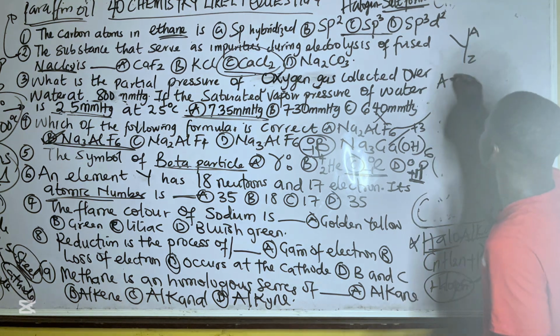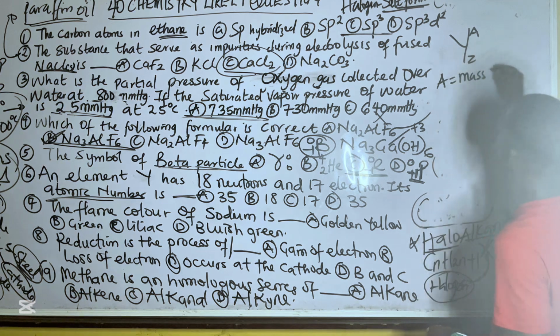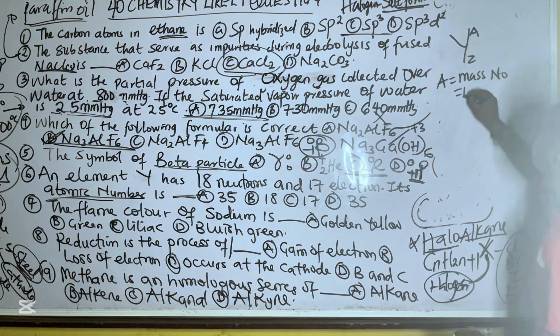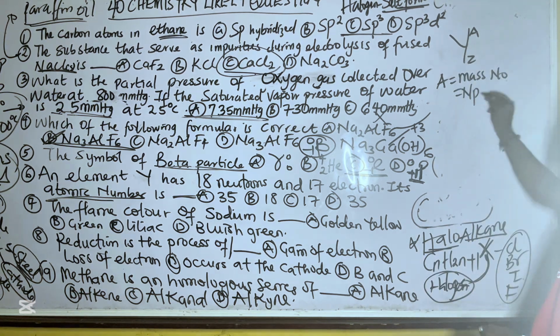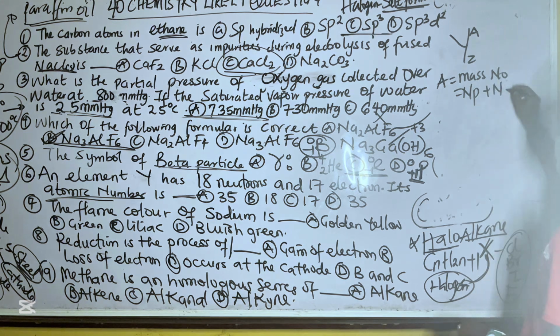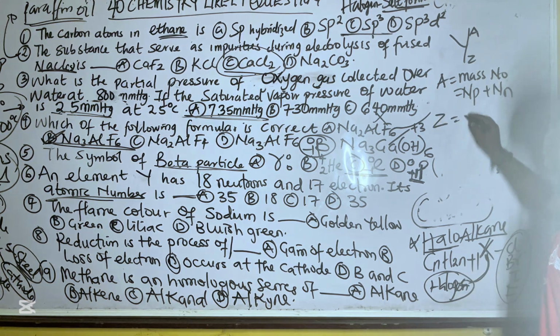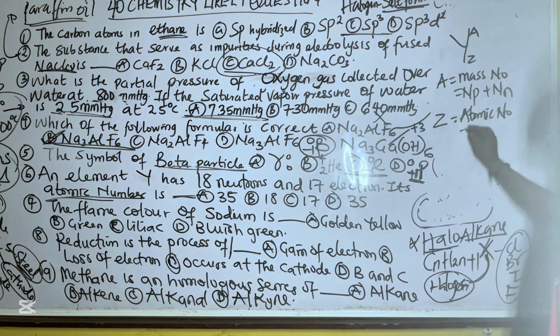This A is the mass number, which is equal to the number of protons plus the number of neutrons. Z is the atomic number, which is equal to the number of protons.